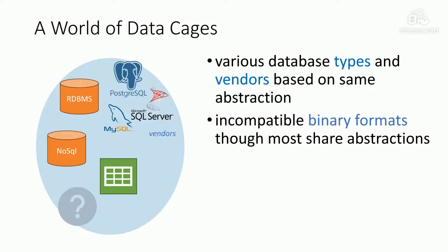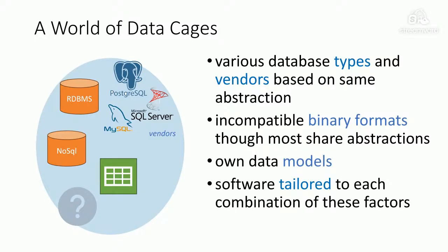And more important, whatever the type, each database has its own underlying data model, which can be completely incompatible with others. And finally, software is usually tailored to each combination of type, vendor, and model. So this makes the web of applications also a world of data cages.